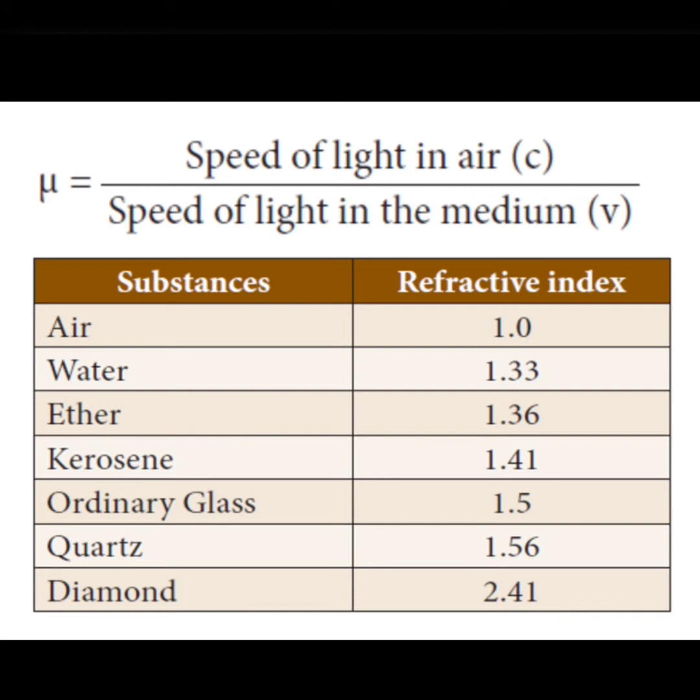See here, a list of refractive indices of different substances is given. It starts with air, which has the refractive index of 1, and ends with diamond, which has the refractive index of 2.41.